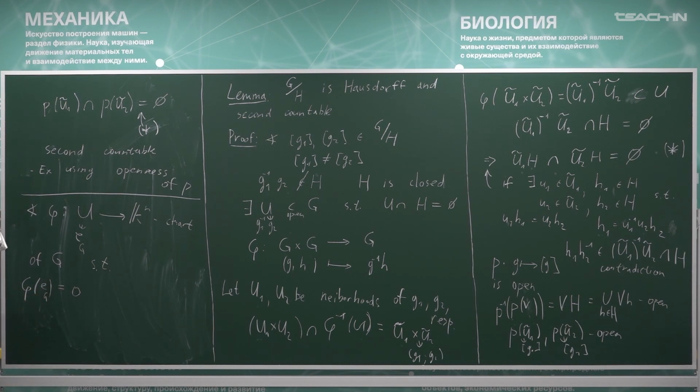And second of all, this chart is the one from the definition of submanifold. So H is a submanifold, so therefore we can find some chart such that its restriction to H is a slice by a subspace of less dimension in K^n.